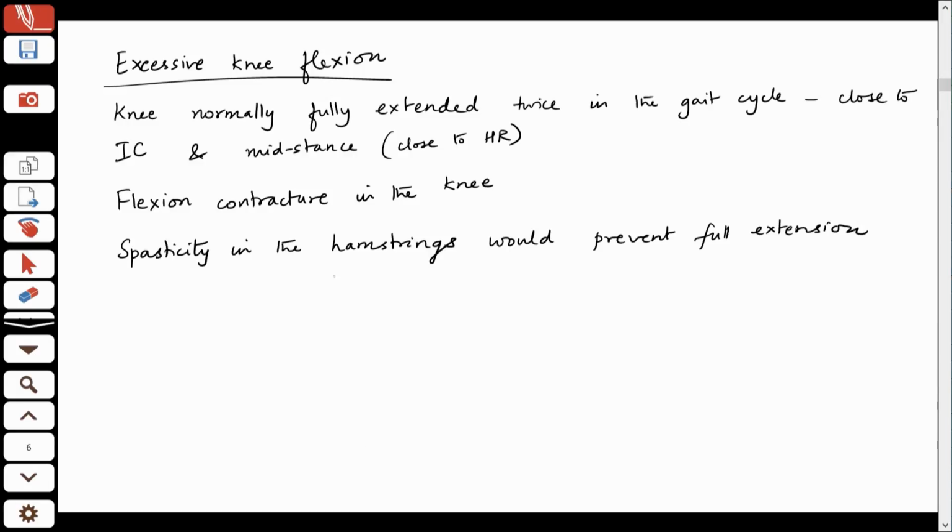So, these are the knee flexors, spasticity in the knee flexors. The other instance is if normal plantar flexion of the foot is prevented.